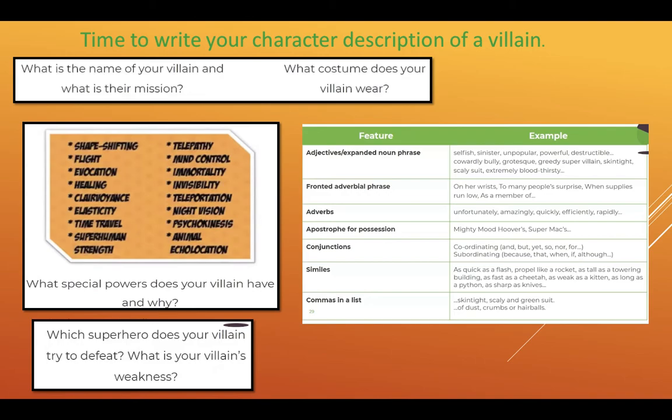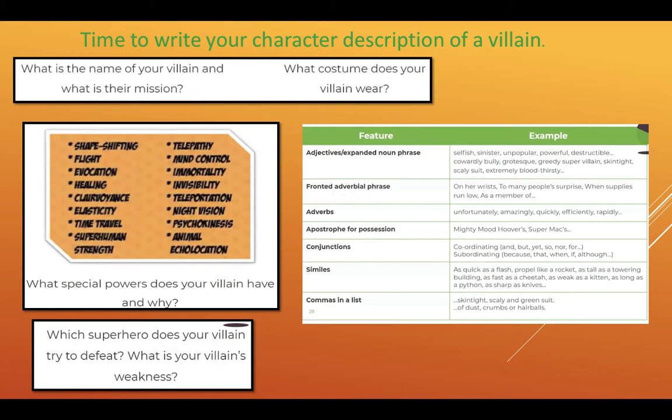So once again, here's your format. And on the right-hand side, we have feature and example. So as you're writing, think about these things. They don't have to appear in every sentence, but you need to have some in each paragraph.